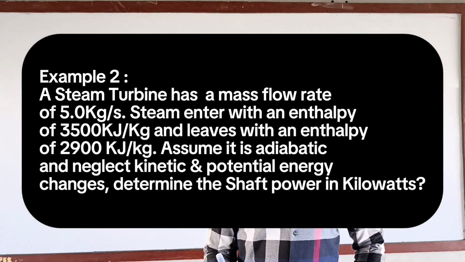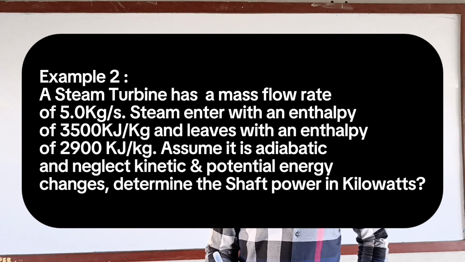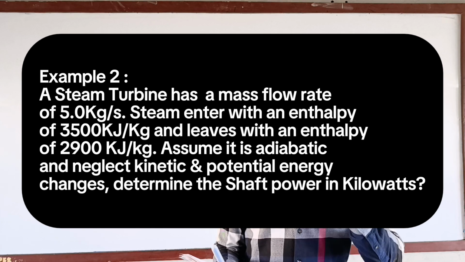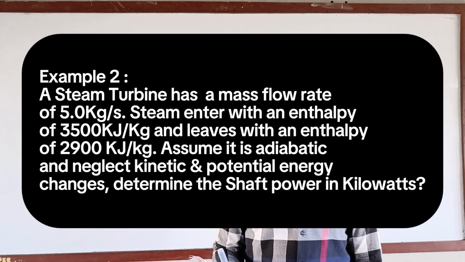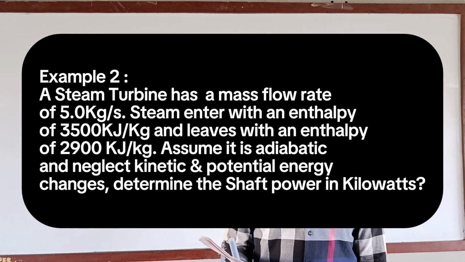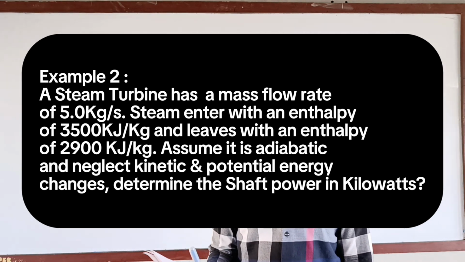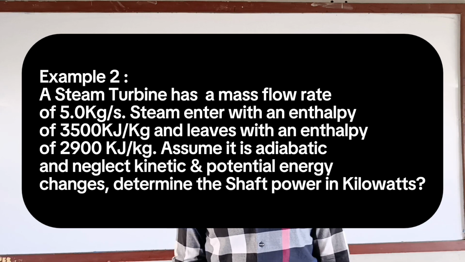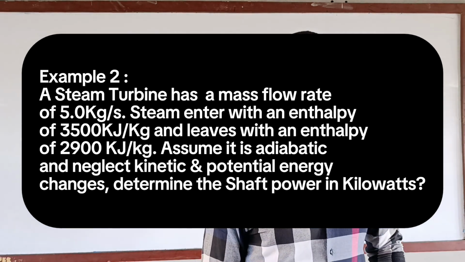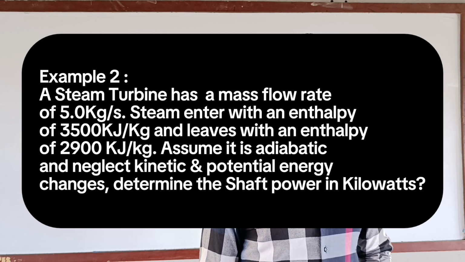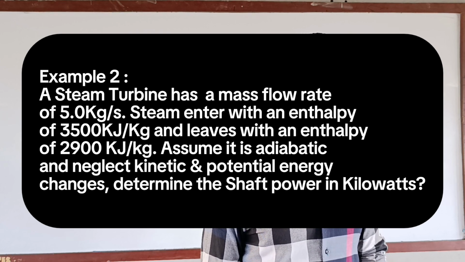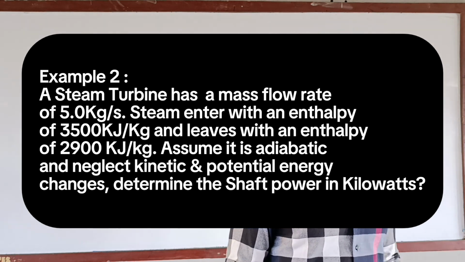Steam enters with enthalpy H1 of 3,500 kilojoules per kilogram and leaves with H2 equals 2,900 kilojoules per kilogram. Assume adiabatic and neglect kinetic and potential energy changes. Determine the shaft power output in kilowatts.